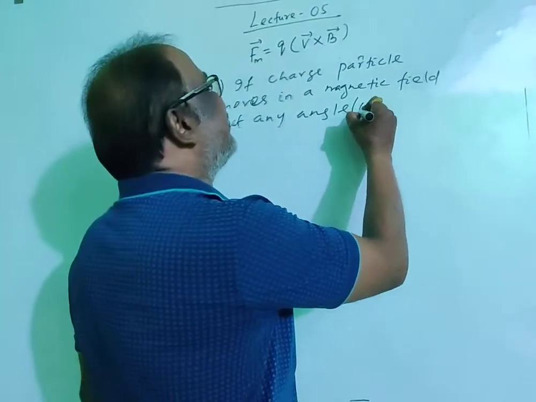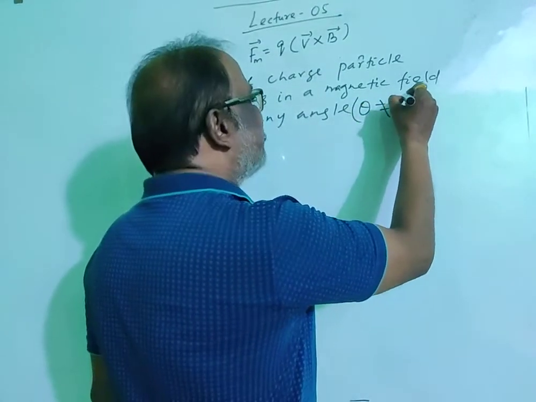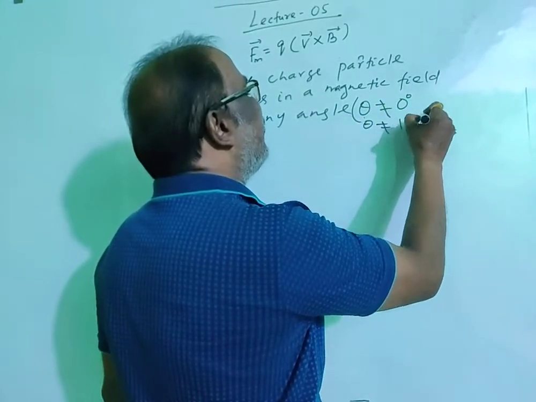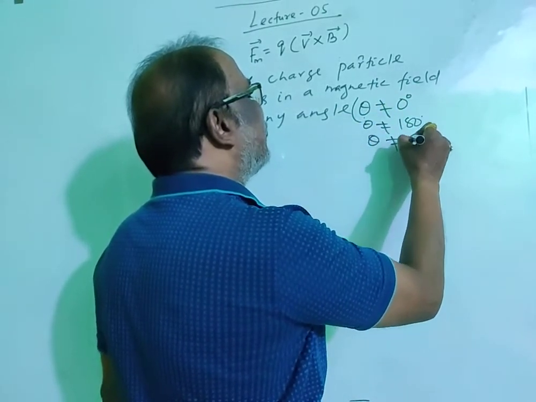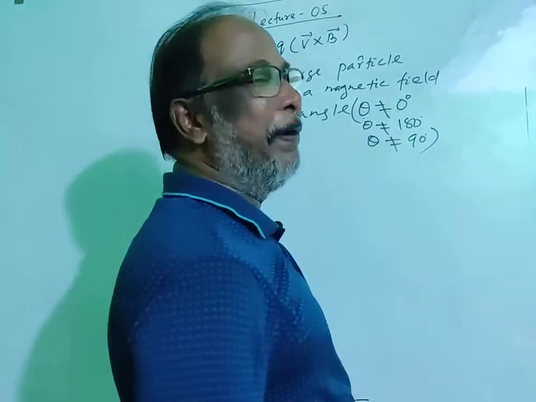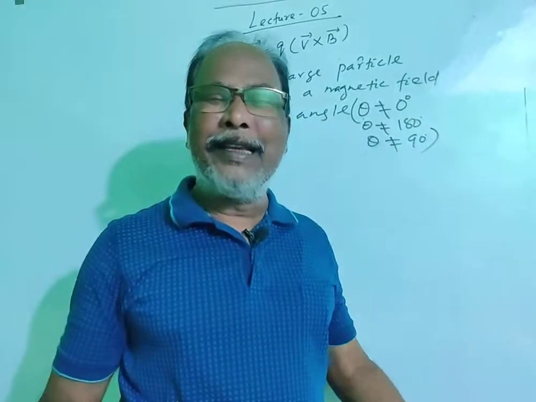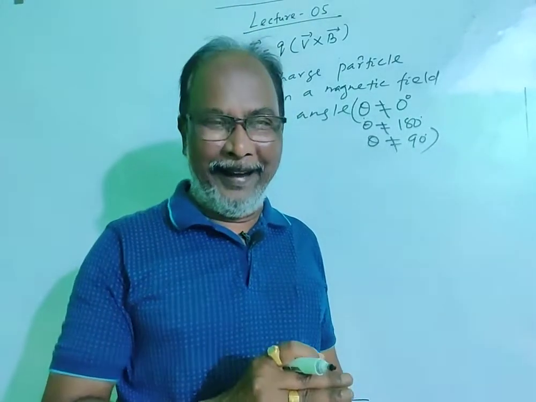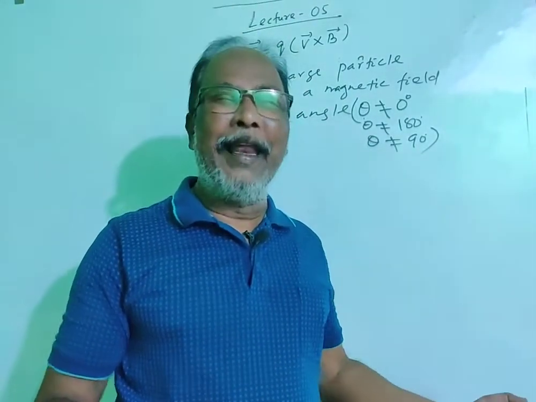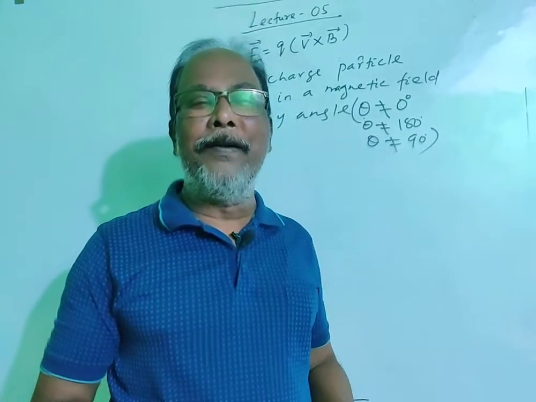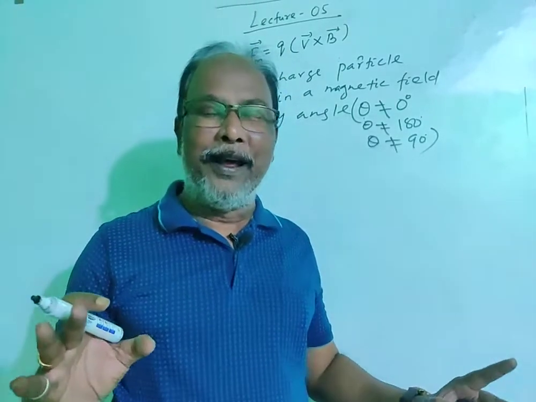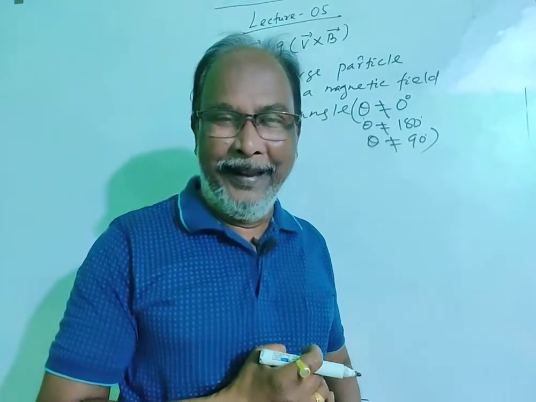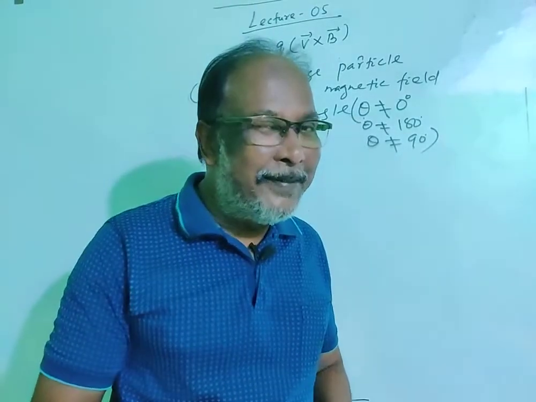In this case, theta is not equal to 0 degree, not equal to 180 degree, and not equal to 90 degree. Means at any angle except 0, 180 and 90 degree. Any angle we may select: 30 degree, 45 degree, 60 degree, whatever be the angle. Then what is the nature of trajectory and what are the different concepts?